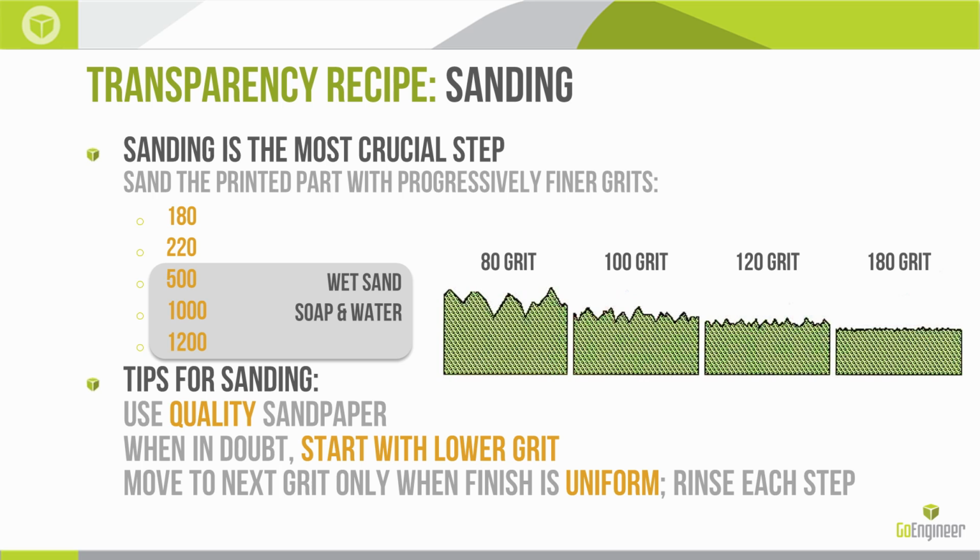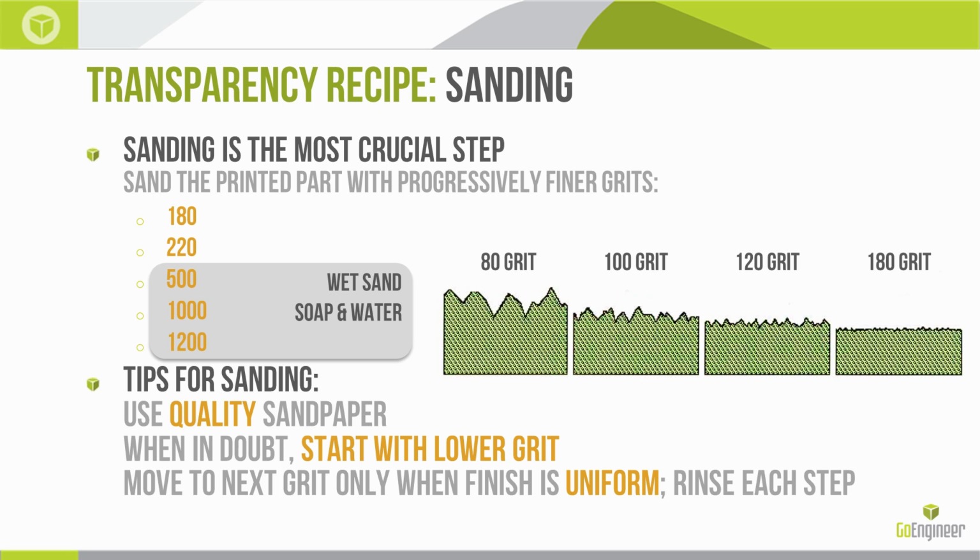When in doubt, always start with the lower grit. So if you're looking at a part and you're not sure if you should start at 220 or 180 or even 120, just start with the lower grit. There's not really a downside other than the increased time of the extra step, but there is a downside of starting with too high of a grit. It's going to end up taking you a lot longer, and you're also going to be faced with the situation where you might have to go backwards.